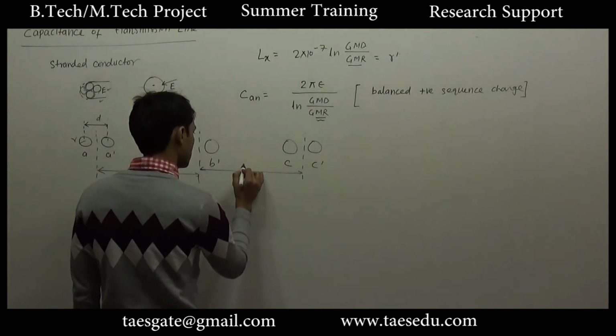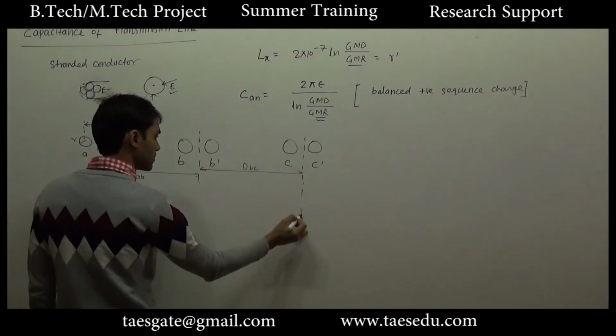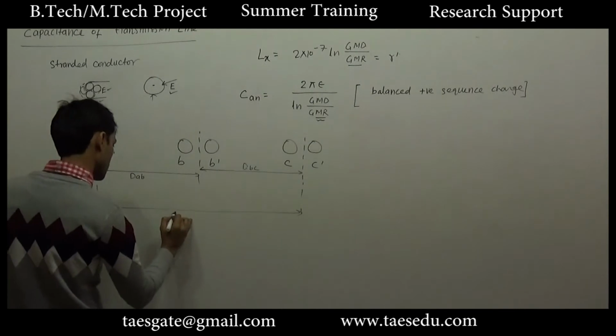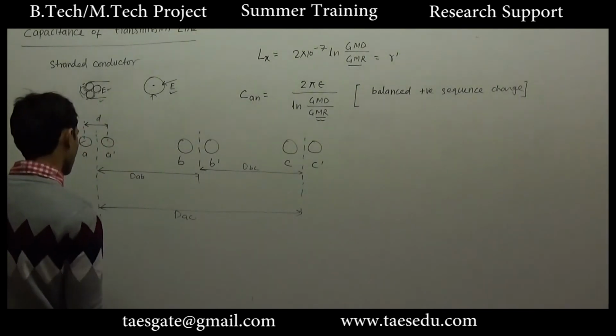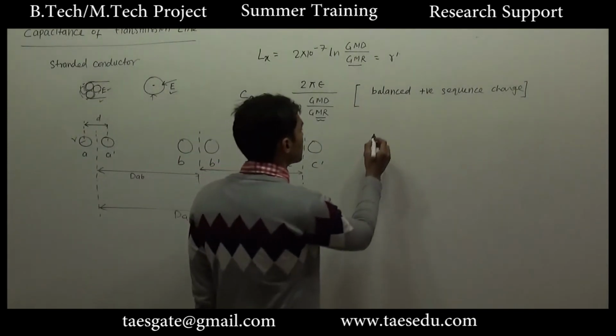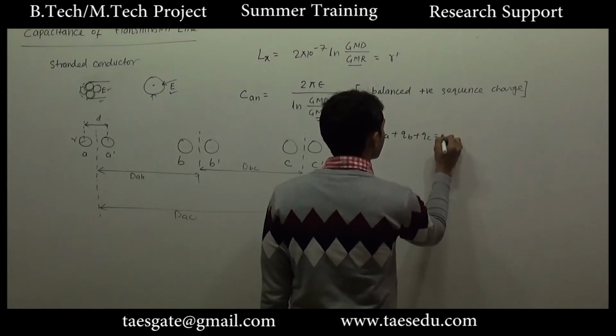Here we have DBC, and between phases A and C, this is DAC. Here we have balanced positive sequence charges, that is QA plus QB plus QC will be equal to 0.